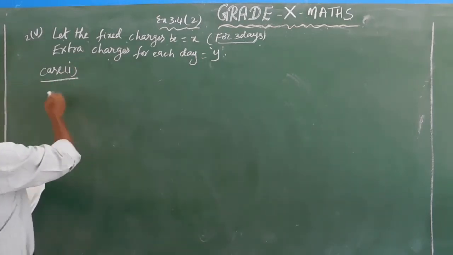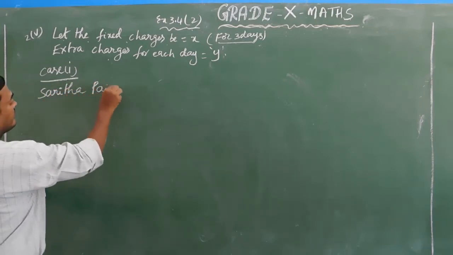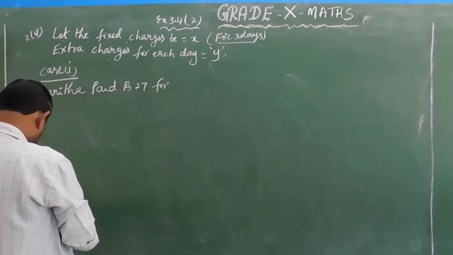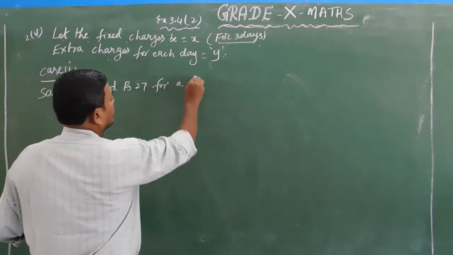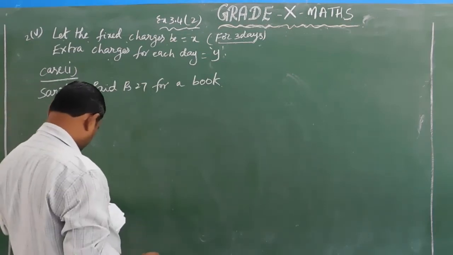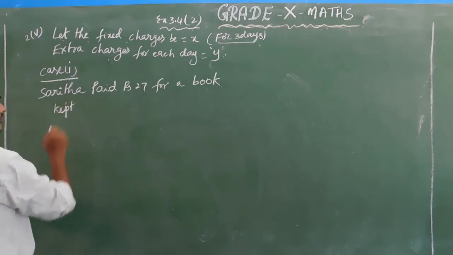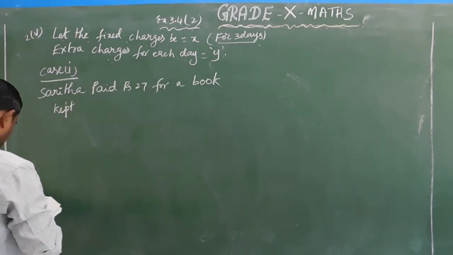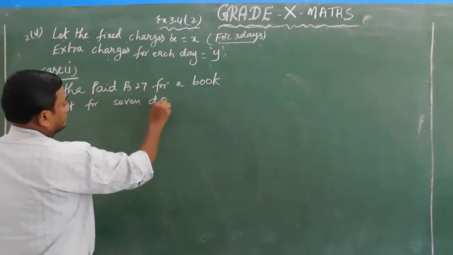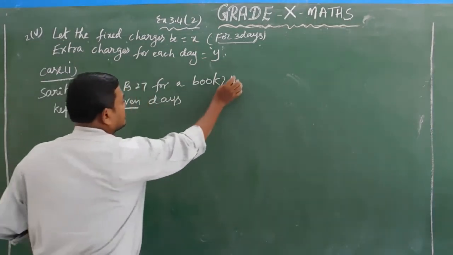Sarita paid rupees 27 for a book kept for 7 days. Okay, this is case 1.